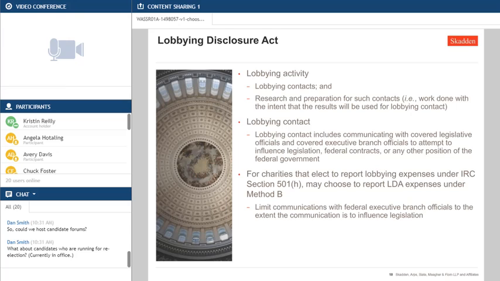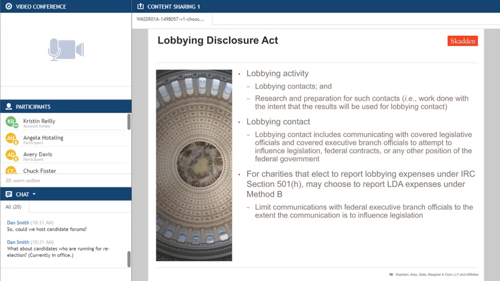If you're doing something with no intention of actually going in and lobbying, and then you wind up using it later, that kind of prep wouldn't count. You've got to be either having contacts or doing the work in preparation for lobbying contacts. So a lobbying contact is communicating with what they call covered legislative officials and covered executive branch officials to attempt to influence legislation, contracts, or any other position of the government.